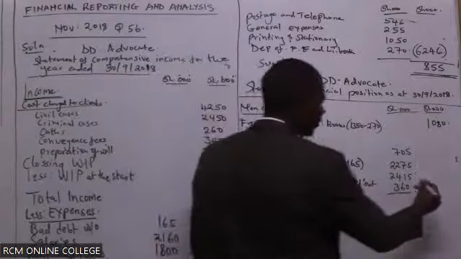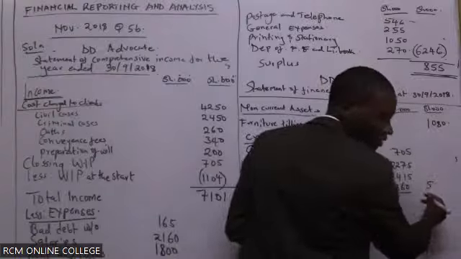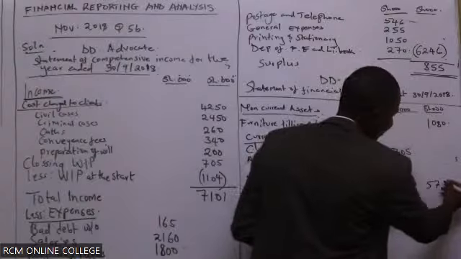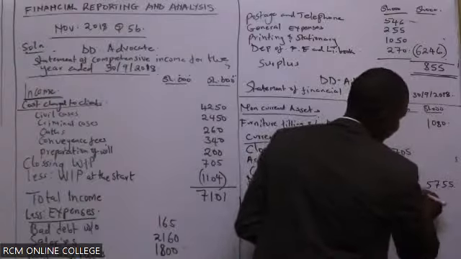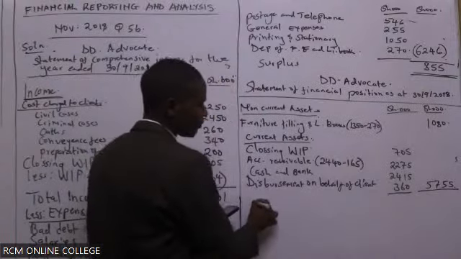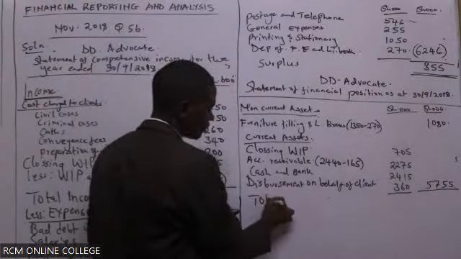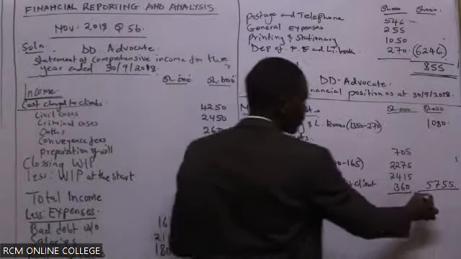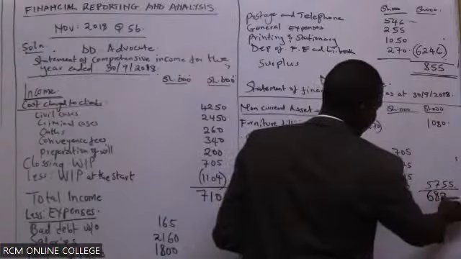Today you have given me, you know, people, you have never given me this. And now total assets, itakuwa ngapi? 6835. Total assets.